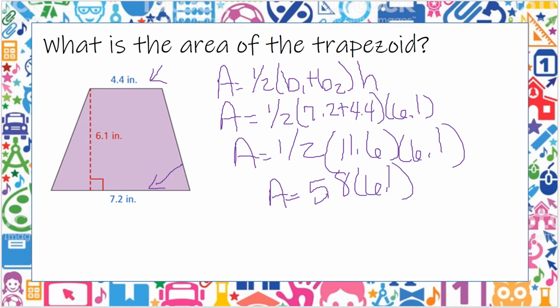And then multiply that by 6.1. And you do get 35.38. And remember, that is units squared. In this one, we're using inches. So it's inches squared.